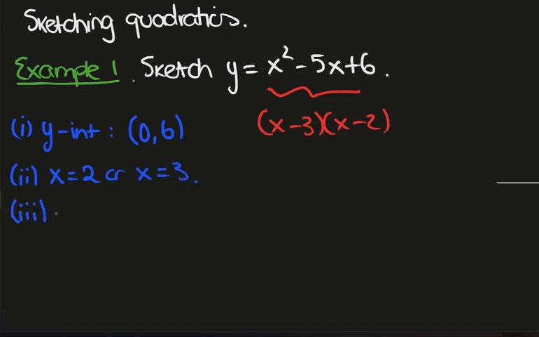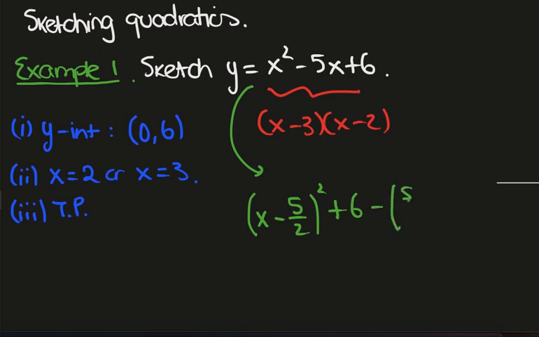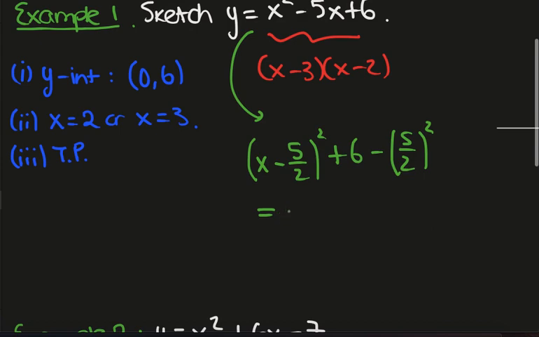And the last thing we need to find is the turning point. To do this, we'll complete the square. We get x minus 5 over 2 squared plus 6 minus 5 over 2 squared. In this case, we get x minus 5 over 2 squared plus 6 minus 25 over 4.